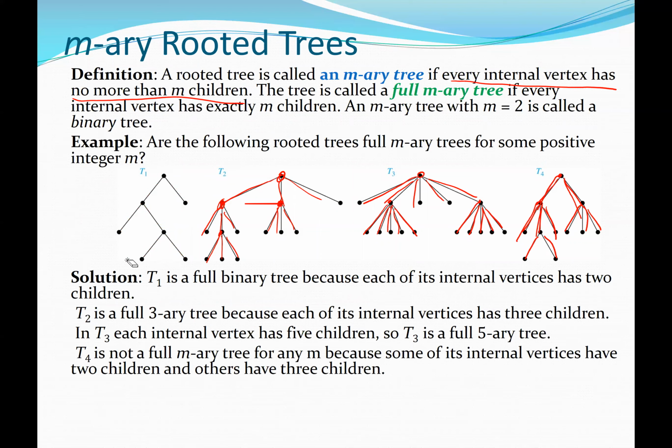All right, so T1 is a full binary tree, so it's 2-ary. The number of vertices equals m times i plus 1, where m is the number of children. So we have 2 here. And how many internal vertices do we have? We have 1, 2, and 3.